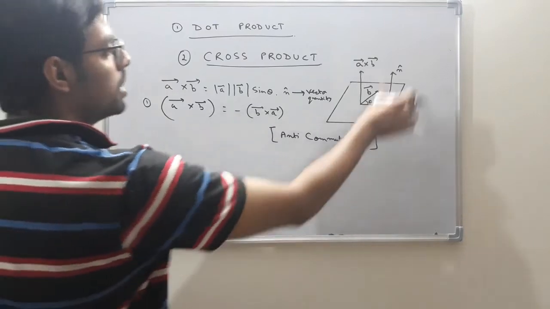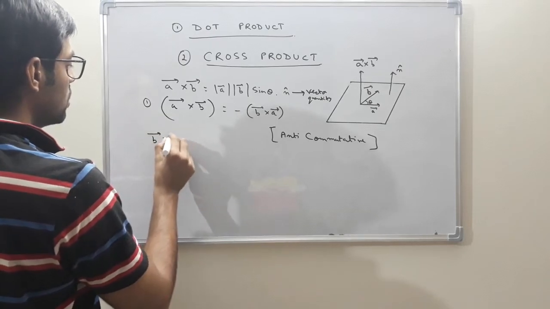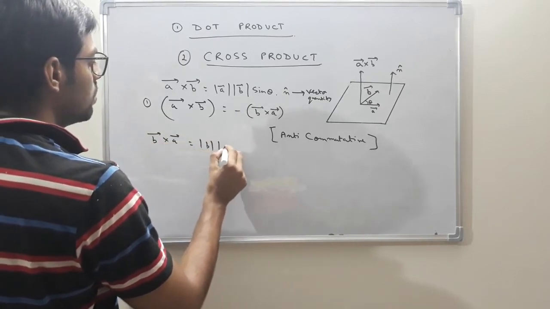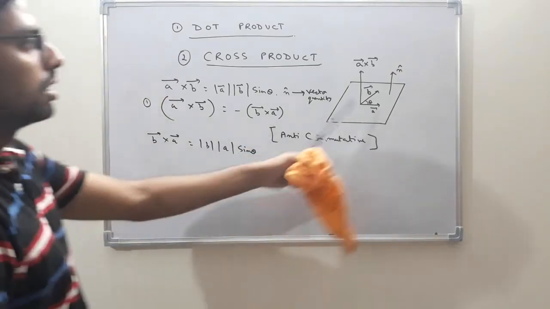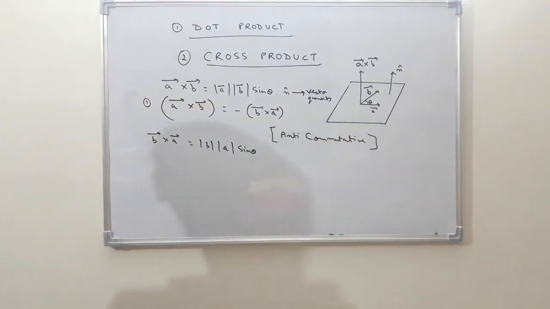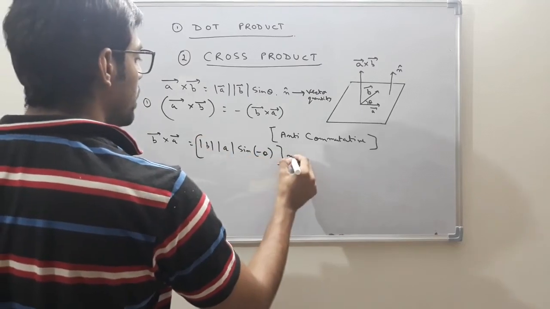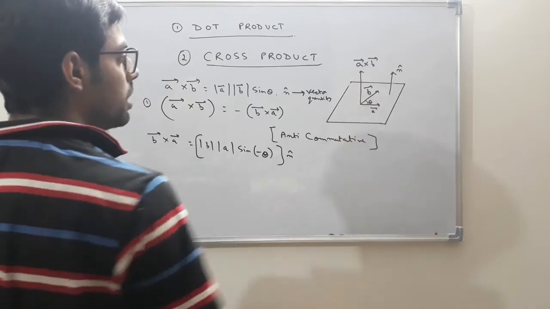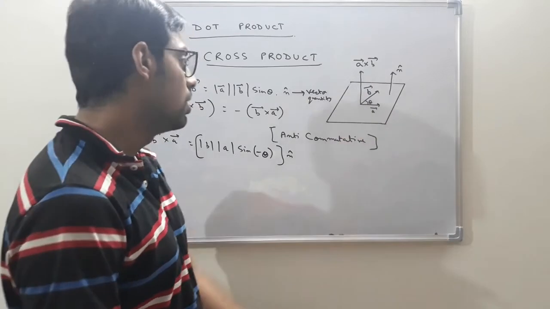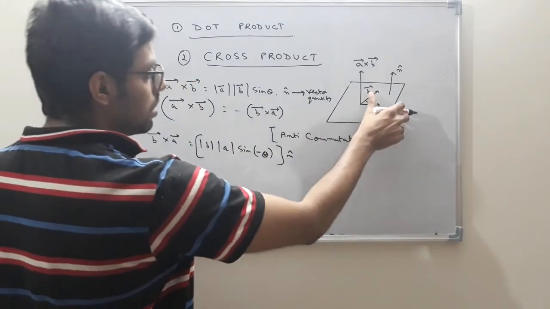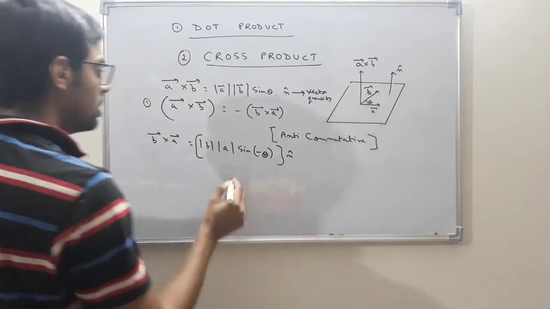How? A cross B is directed in this sense, n hat, and we have B cross A. What is B cross A? B cross A equals mod B mod A sin theta, and if we take the angle in anti-clockwise sense, then sin theta will become sin of minus theta, into n hat. In the previous case, in the general sense, we had taken the angle theta in anti-clockwise sense. Now, B cross A has the angle which the A vector makes with respect to the B vector in this clockwise sense, and it is minus theta.